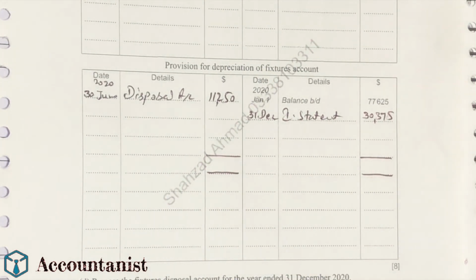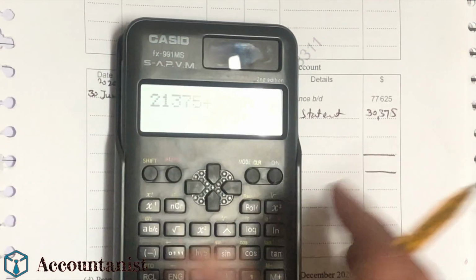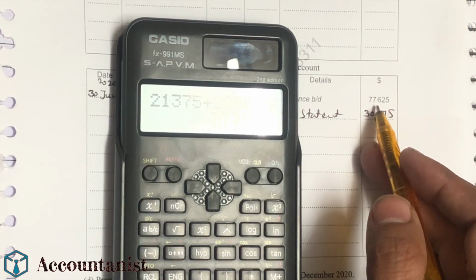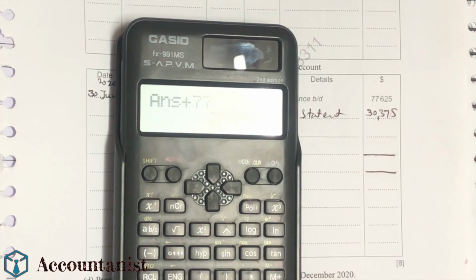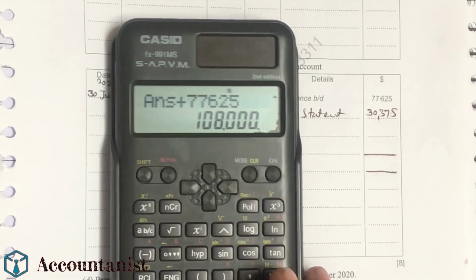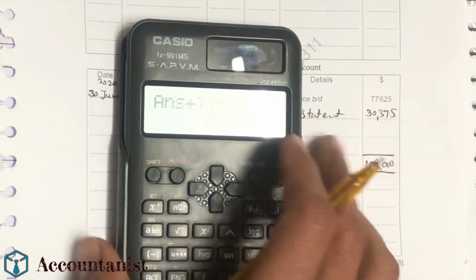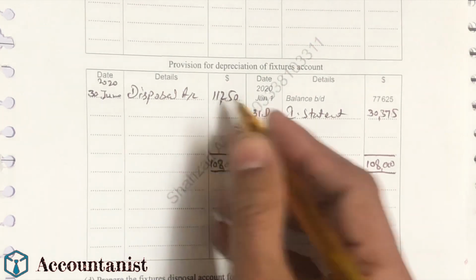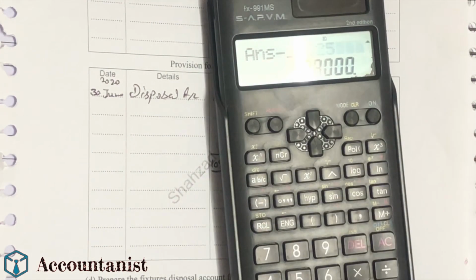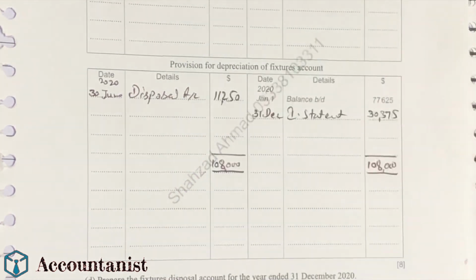Now the balance of this T account. This side is obviously always the bigger value, so 77,625, I will add this up with the income statement value, which gives me 108,000. So I will write down 108,000 and transfer 108,000 to the other side, and then I will deduct 11,250, which gives me 96,750.